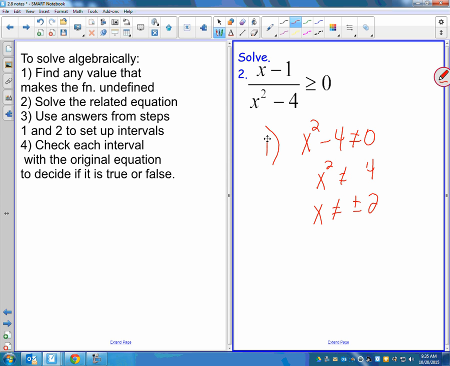Step 2, solve the equation just like we solved yesterday. Forget about the inequality sign for a minute and just solve that equation. Super great is when it's equal to 0 or greater than 0.